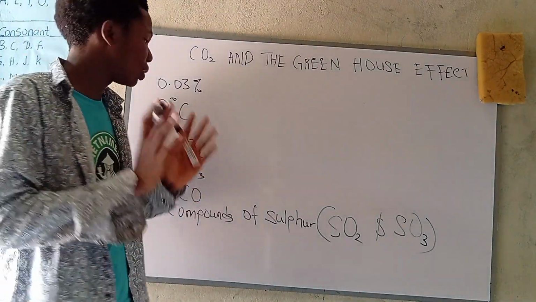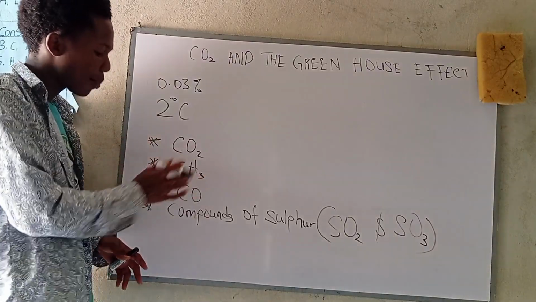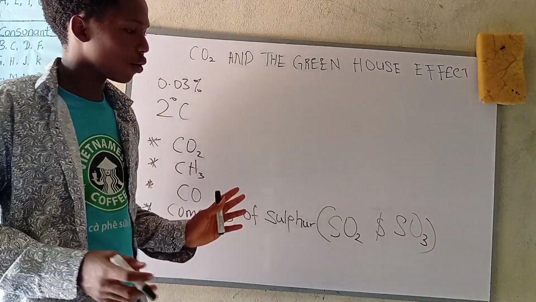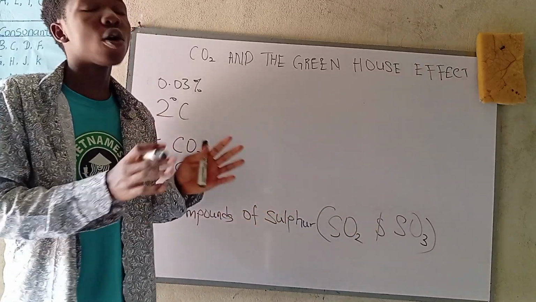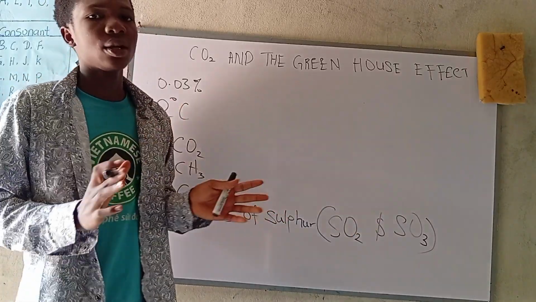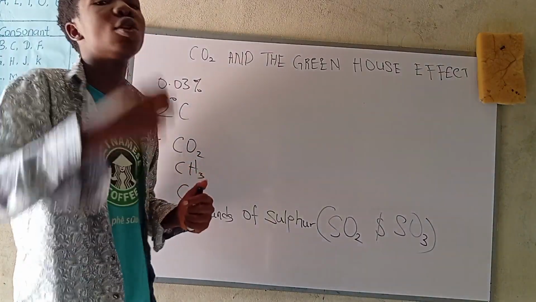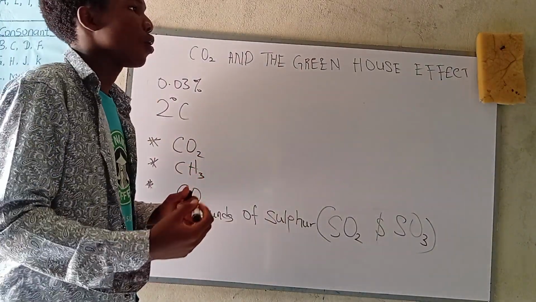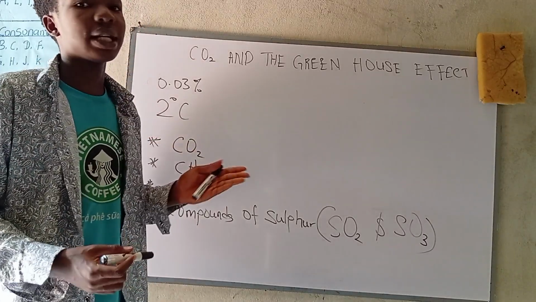So I want you to note this: carbon dioxide, methane, carbon monoxide, and compounds of sulfur, which are these two. So now just notice these are all the greenhouse effect gases. But the major one, anytime you hear which of these is the major greenhouse effect gas, is CO2, carbon dioxide.